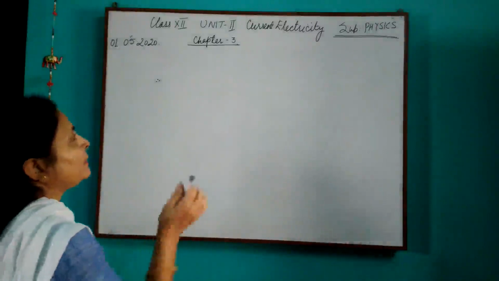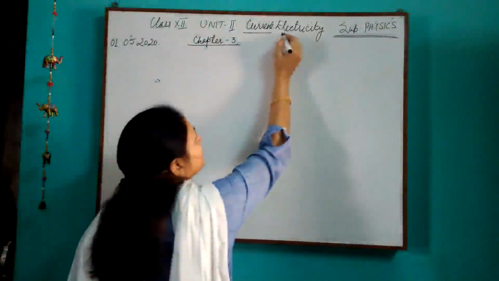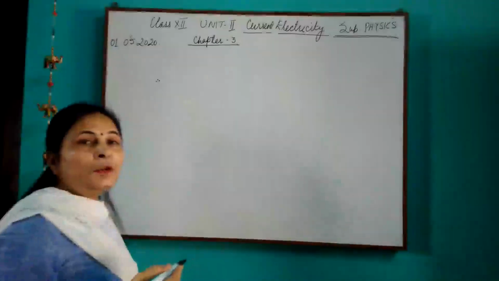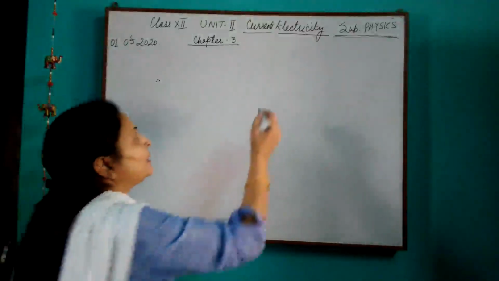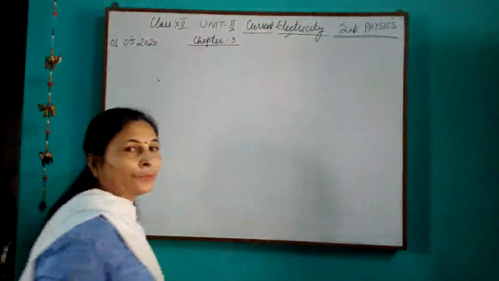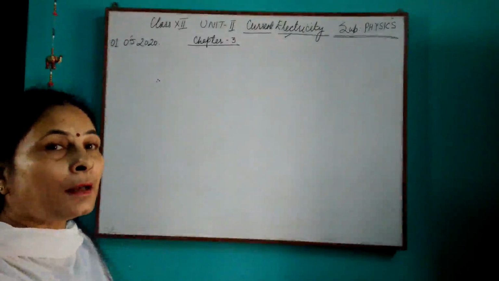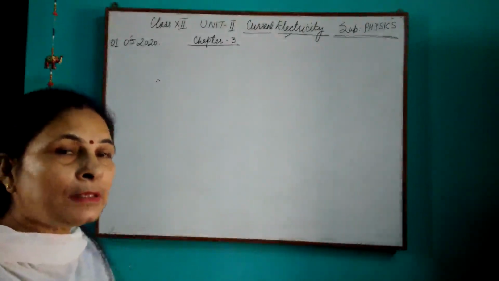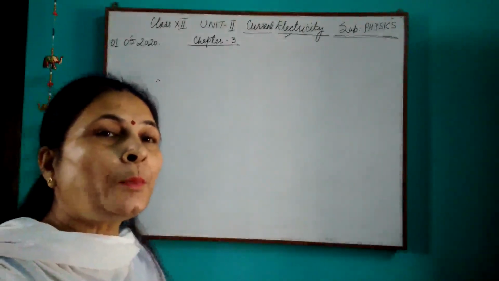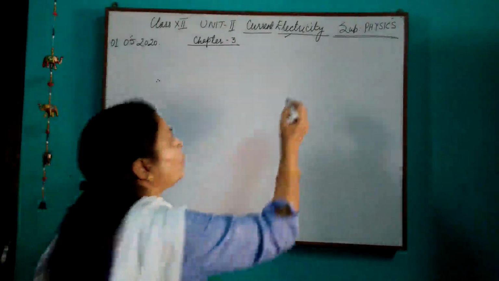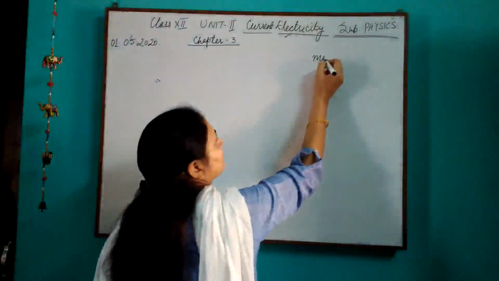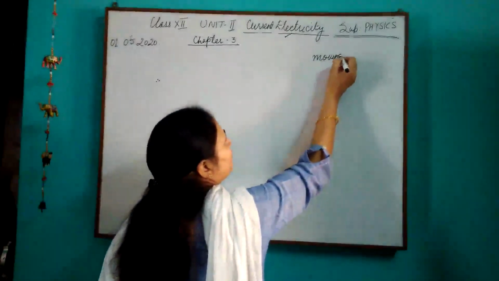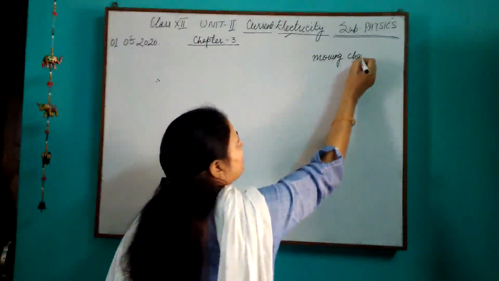The very first thing is, what is current electricity? See, in normal routine we use the word electricity, but it is current electricity, meaning electricity which is obtained by moving charges.